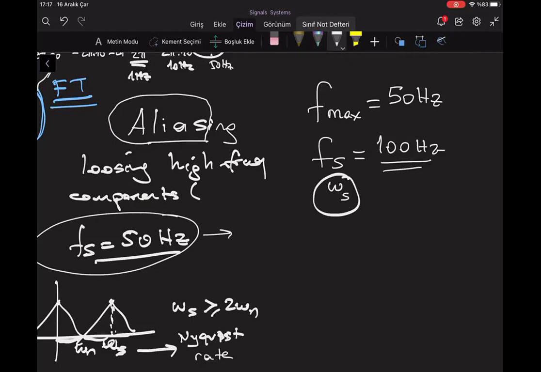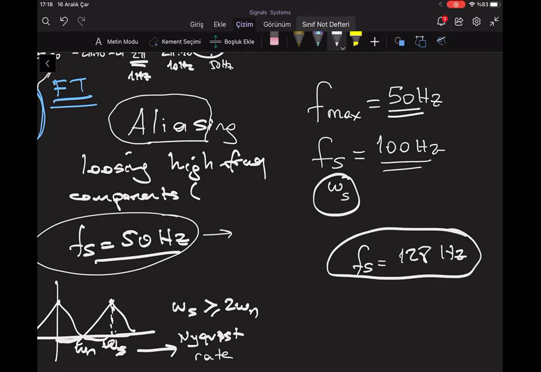How do I make sure that my signal's highest frequency is 50? So if my sampling frequency in the EEG signal that we have given to you is 128 Hertz, what is my assumption? Süleyman, what is my assumption?